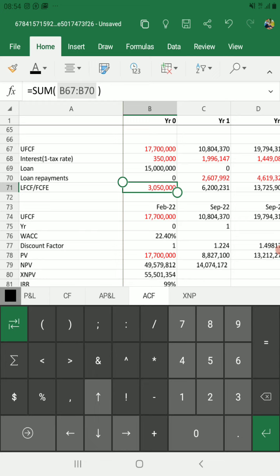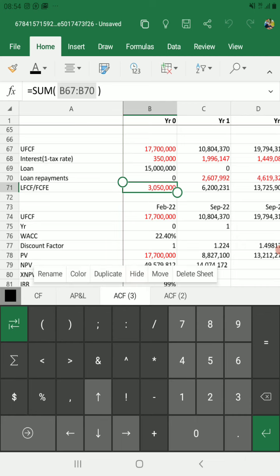So I click on the sheet and duplicate once, and then click again and duplicate twice.